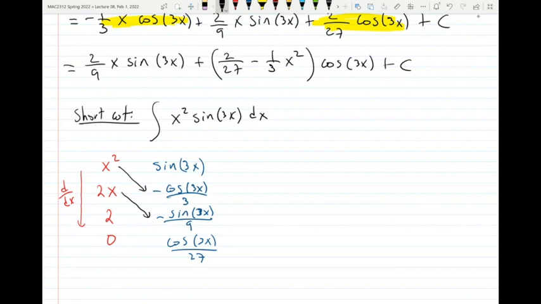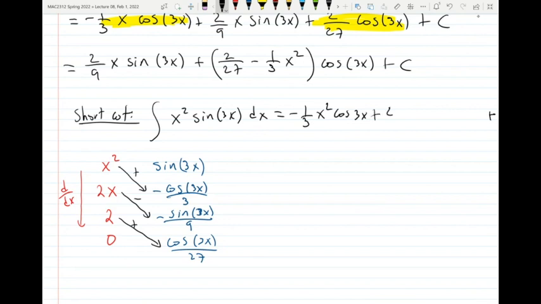We match the terms like this, diagonally, and then we alternate sign. So we made this term positive, then this one we make it negative, and then this one we make it positive. So the result is going to be, we make it positive, so we just respect whatever it is. We don't put a minus in front. So negative 1 over 3 x squared cosine of 3x. Then the next one is minus, but there is a minus, so that makes it a plus.